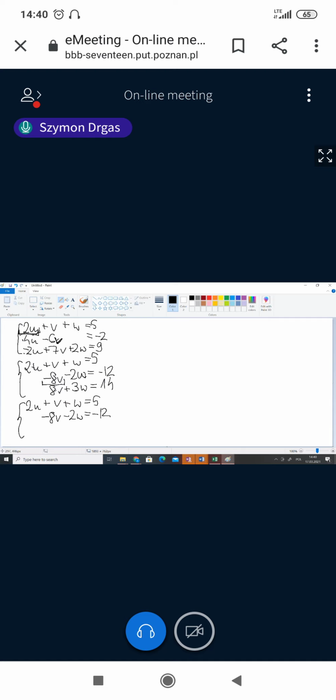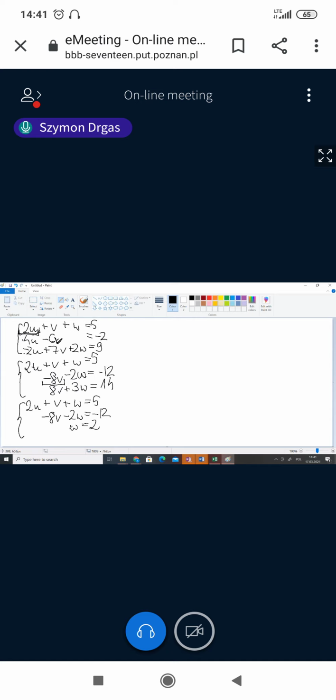So minus 8 plus 8 is 0, minus 2 plus 3 is 1, and 14 minus 12 is 2. Okay, so now we have the first stage of this method accomplished because this system of equations is triangular now.